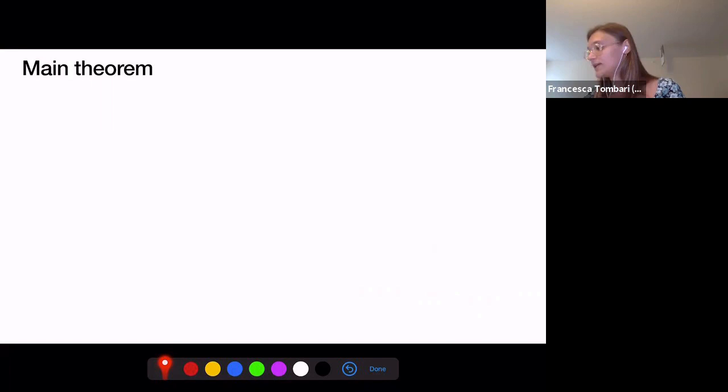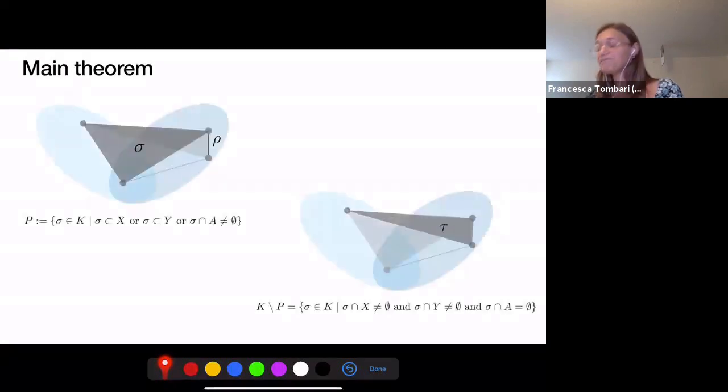But before, we need one more definition, which is this P, which is a subposet of K, defined as the collection of simplices in K such that sigma has vertices entirely in X or entirely in Y, like this row in the picture, or if it has vertices both in X and in Y, then it also has to intersect A, like this sigma here.